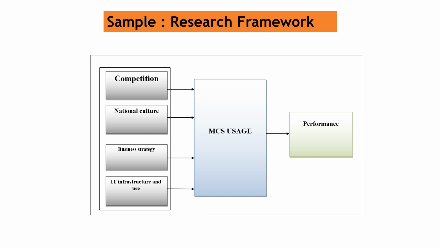So from this alone, the student can have at least 5 objectives, and the types of variables involved in this study are: 4 independent variables, competition, national culture, business strategy, IT infrastructure; one mediating variable, that is the usage of management control system; and of course the issue of the study is the performance of the organization.